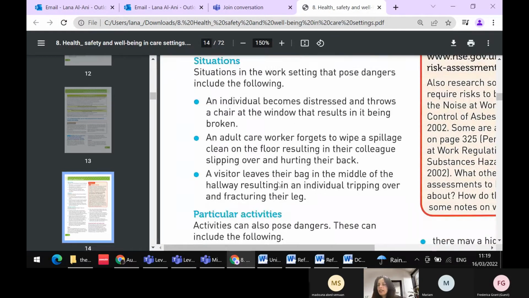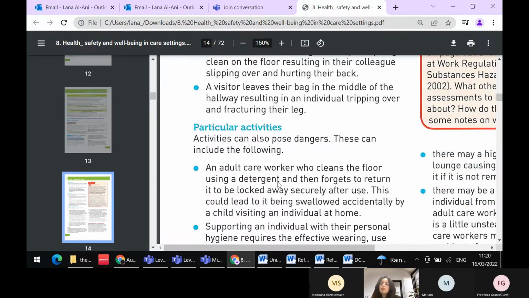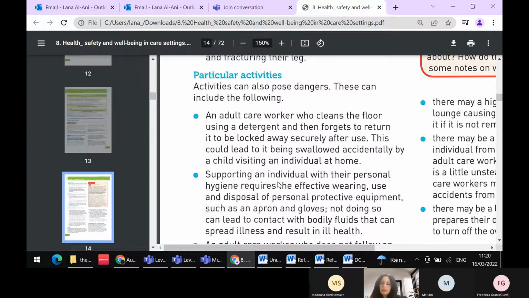Also situations like, for example, if the adult worker forgets to wipe spillages, then these people will fall over it. They might hurt their back. And a visitor leaves the building, as we said, not recorded, then there's suddenly a fire.